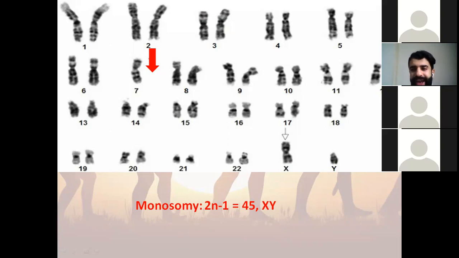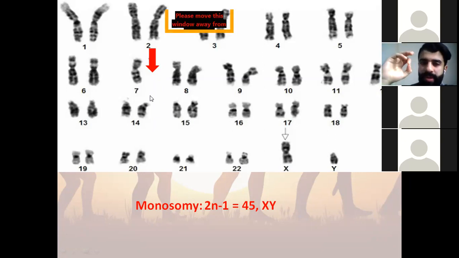Okay, no problem. You can answer instead of her. It's an autosomal abnormality, so autosomal abnormalities affect the chromosome pair number 7. Pay attention to this note before we continue in the coming slides.